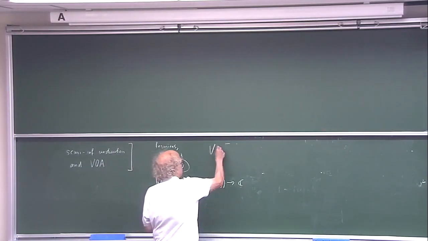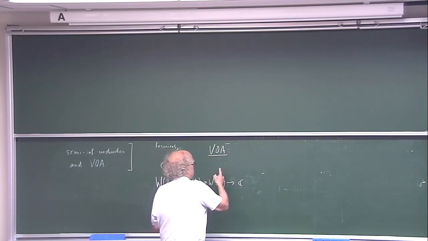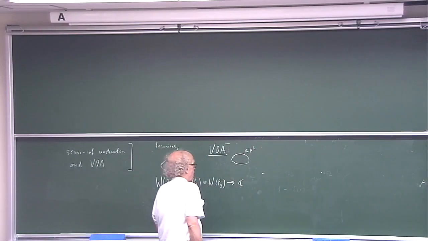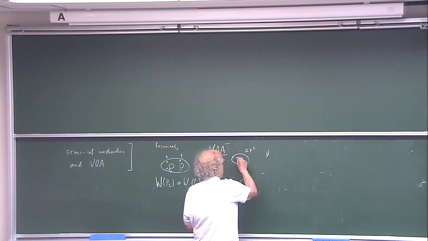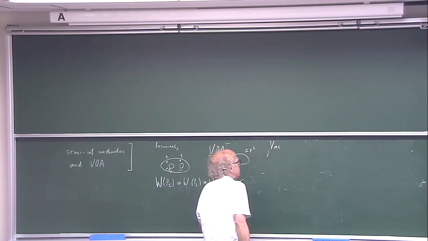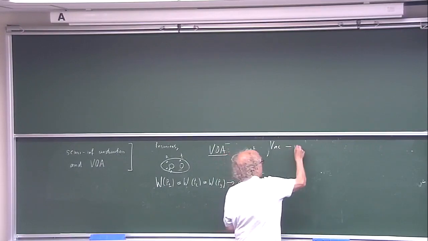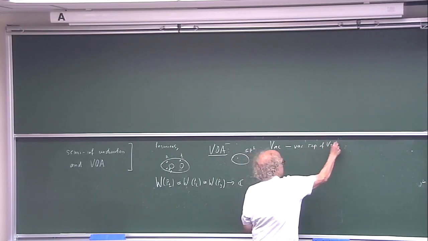So vertex operator algebra, naively, what is this? It is a structure which is formulated for CP1 only, and we want the following data. First, we have some vector space, which is called the vacuum representation of the vertex operator algebra.